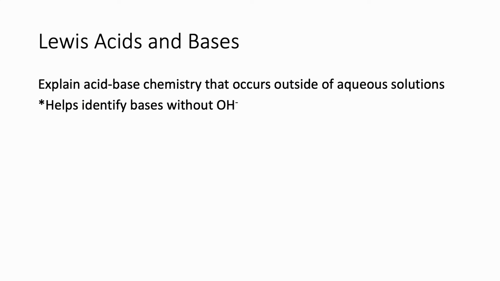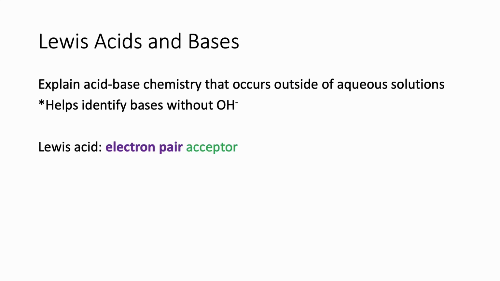You might look at something and ask, how do I know if something's going to be a proton acceptor for the Bronsted-Lowry definition of acids and bases? So it's useful to know the Lewis definition when you're working with Bronsted-Lowry acids and bases.